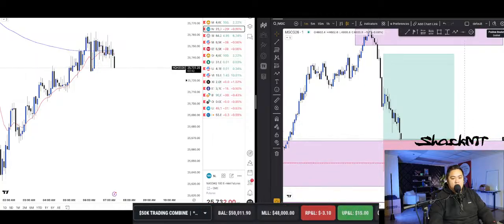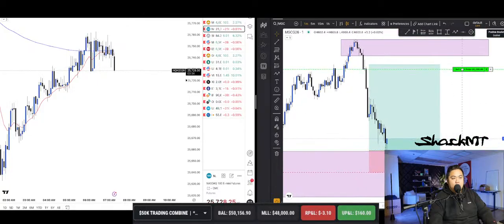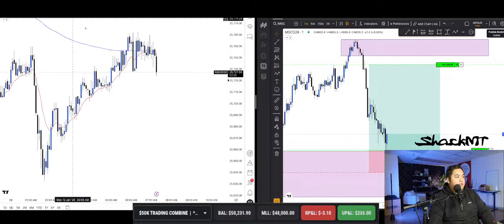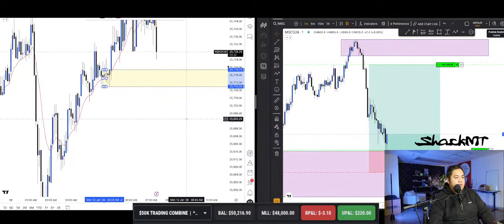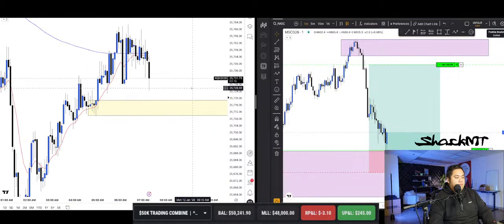I'm going to risk 300 bucks on this trade here. All right, I'm looking at NQ also, guys, on my TradingView screen. But there's too many setups.